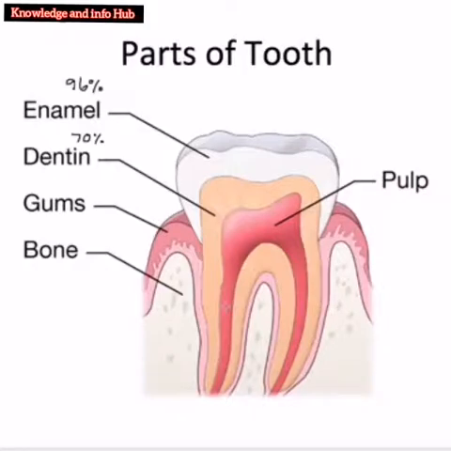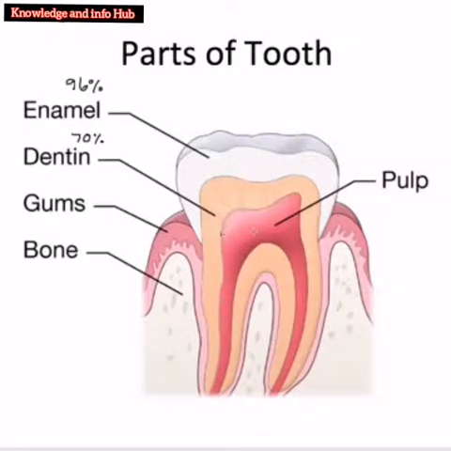Now the pulp is this red pinkish material at the very core of the tooth, and this is the soft tissue inside the tooth that contains blood vessels and nerves, basically the life supply of each tooth. And each pulp consists of specific parts.